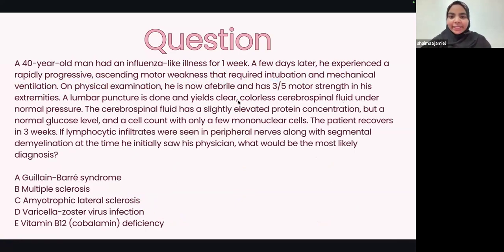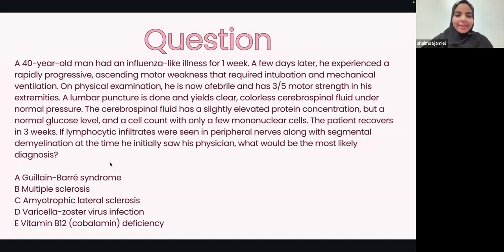Lumbar puncture yields clear, colorless CSF, normal pressure. The CSF has slightly elevated protein concentration, but normal glucose level, and only a few mononuclear cells. The patient recovers in 3 weeks. If lymphocytic infiltrates were seen in the peripheral nerves along with segmental demyelination, what would be the most likely diagnosis?